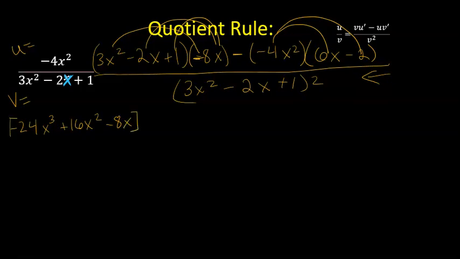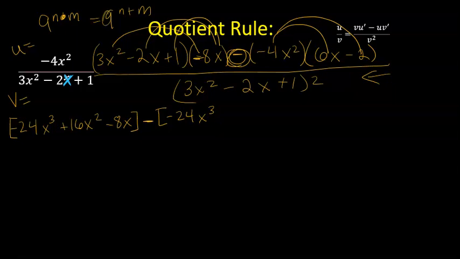That's the first part, right? And then I do that minus sign, which I got from right here. And then I'm going to do negative 4x to the second times 6x. What does that give me? It gives me negative 24x to the third power, right? Because we are doing a to the n times a to the m equals a to the n plus m.